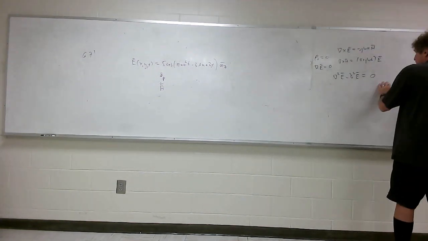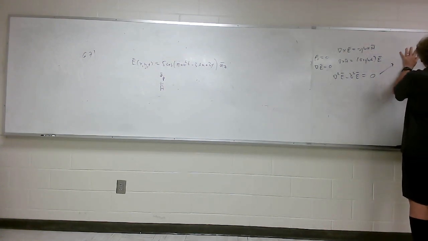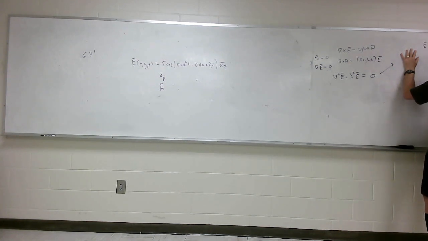So from here, we ended up with the general form of the propagating E field, equal to some E0 plus e to the minus gamma z, and plus E0 minus e to the plus gamma z, in the ax direction.